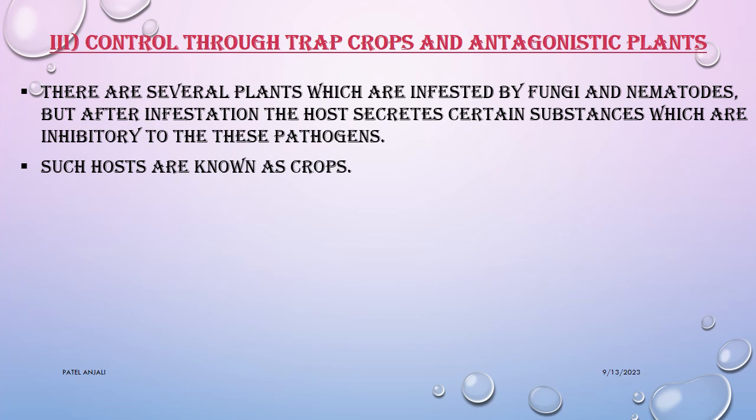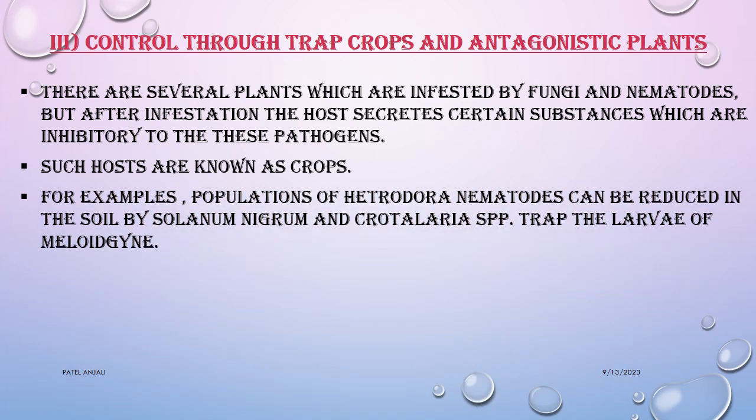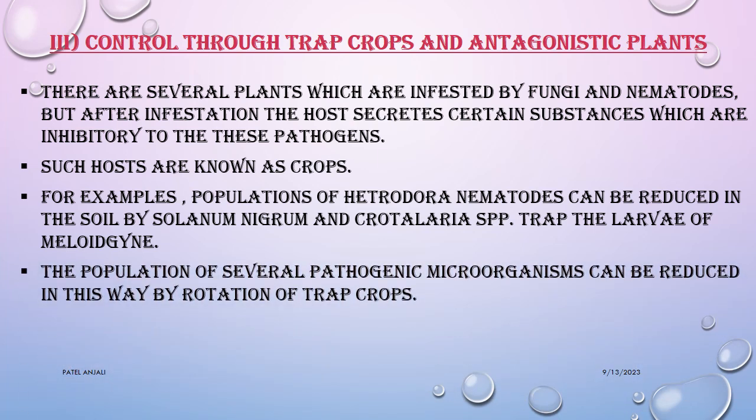Such hosts are known as trap crops. For example, populations of Heterodera nematodes can be reduced in the soil by Solanum nigrum and Crotalaria species, which trap the larvae of Meloidogyne. The population of several pathogenic microorganisms can be reduced in this way by rotation of trap crops.